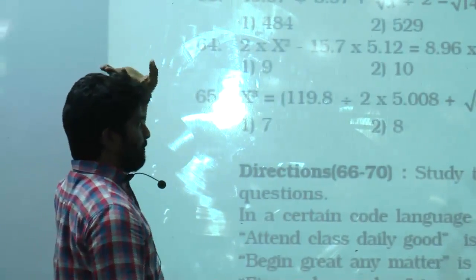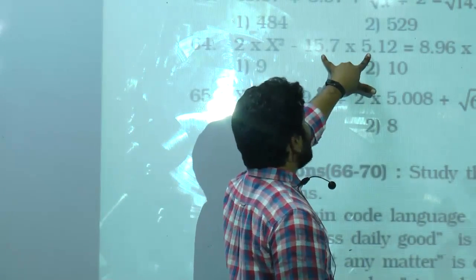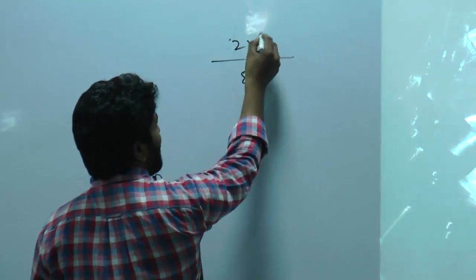Okay? So when you have x square and then x cube, no issue at all. You can go for perfect calculation. Treat as 16, 5 times 80. Minus 80 goes to right hand side, becomes plus 80. All this is 2x square value.